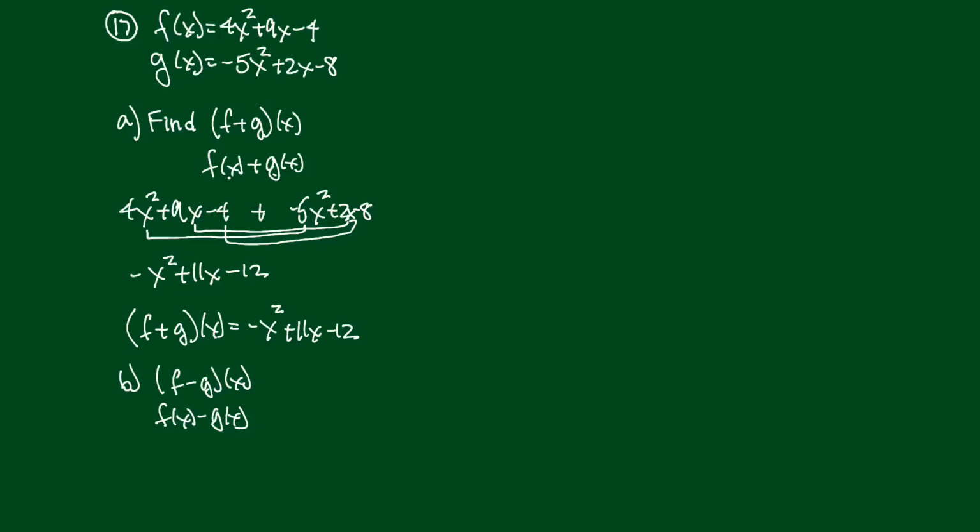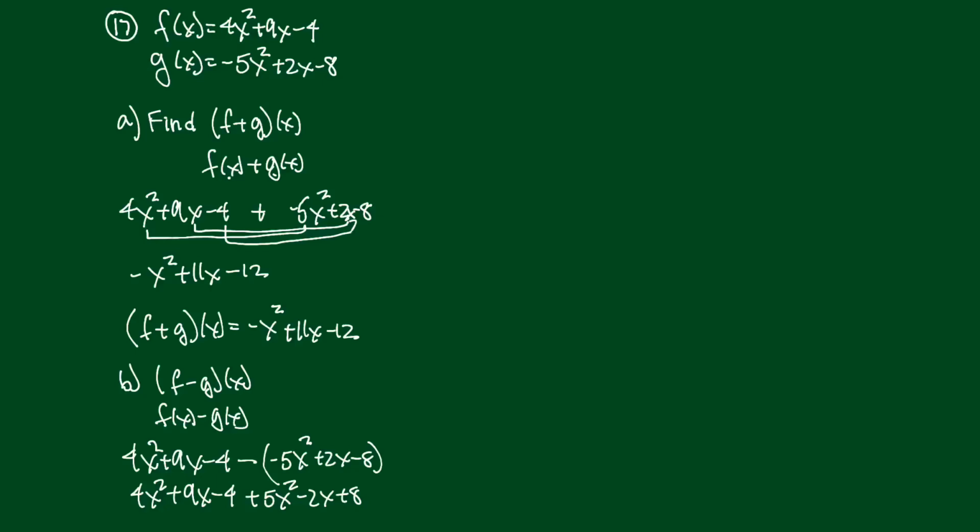So it's going to be f of x, which is 4x squared plus 9x minus 4, minus, now be careful because there's more than one term here, you have to use parentheses, minus g, which is negative 5x squared plus 2x minus 8. So we will get 4x squared plus 9x minus 4. Take that minus sign through, change all the signs. So we get plus 5x squared minus 2x plus 8.